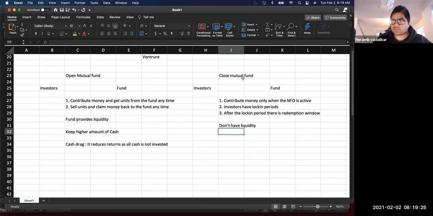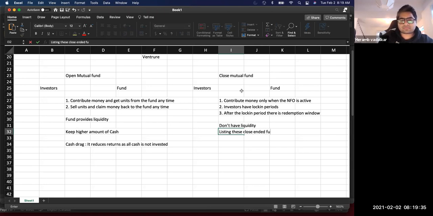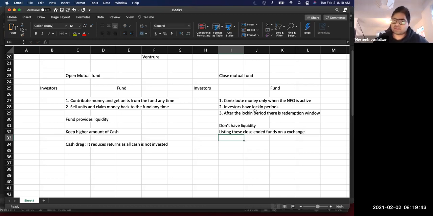Now the mutual fund industry has gotten around this limitation of liquidity by listing these close-ended funds on an exchange.